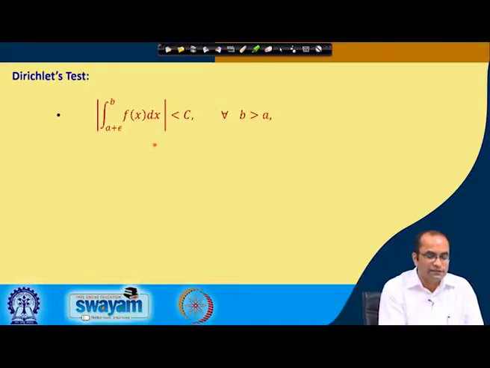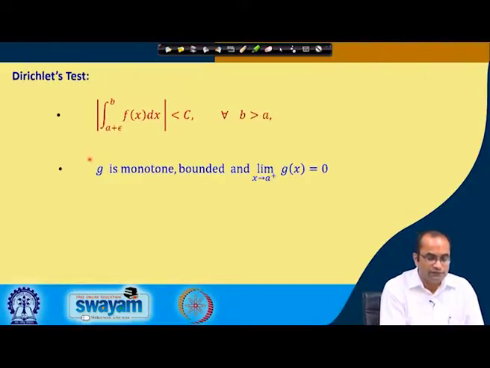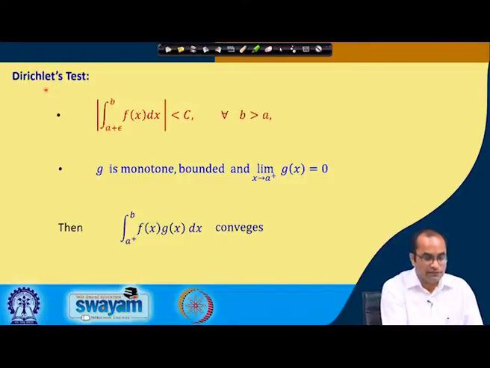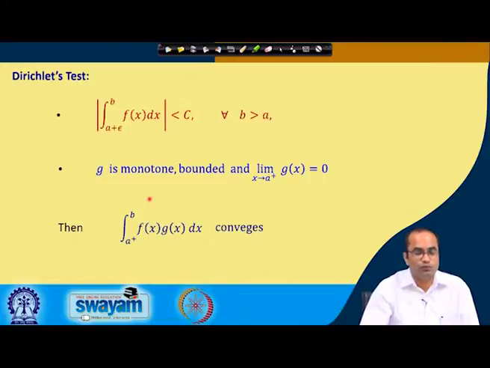If this f integral is uniformly bounded, that means for any b greater than a, we can bound it by some constant for any positive epsilon, and further, if we assume that another function g is monotone and bounded and approaching 0 as x approaches this a end, then this Dirichlet test concludes that the integral from a to b of the product f(x)g(x) also converges.